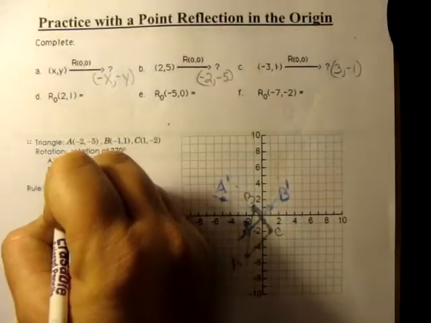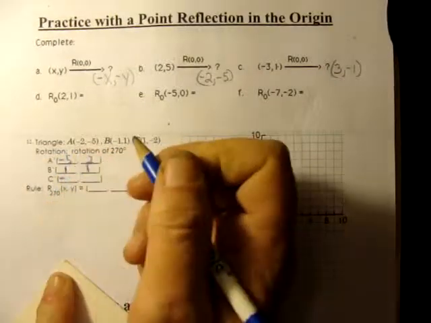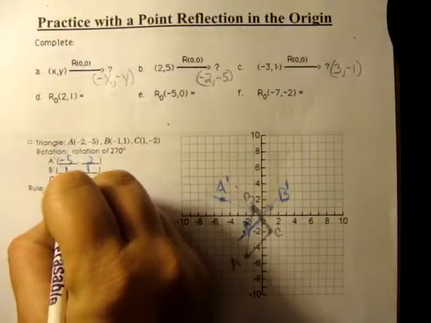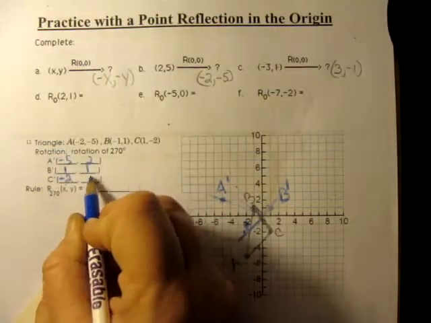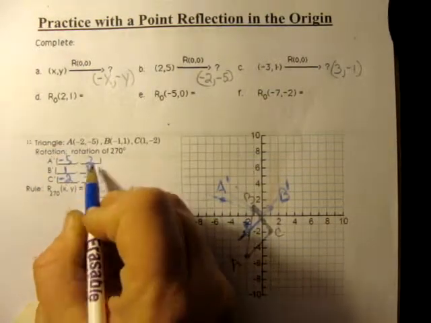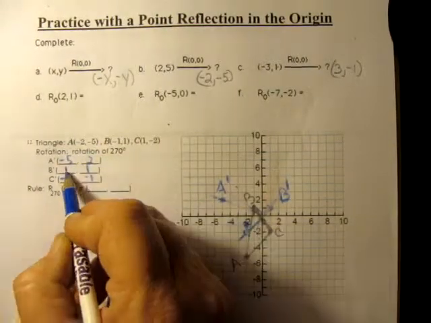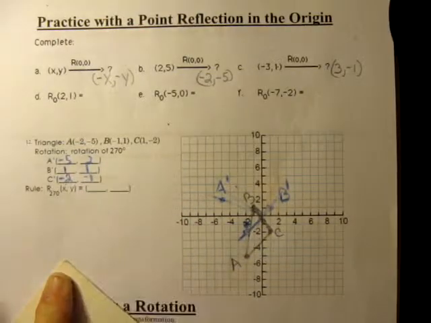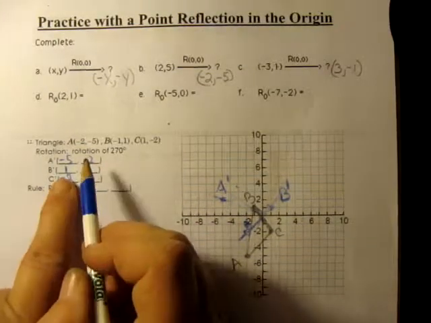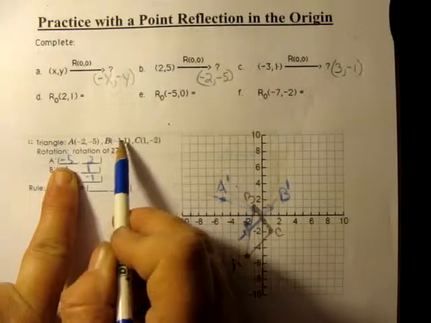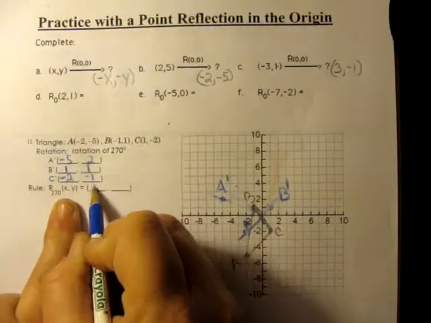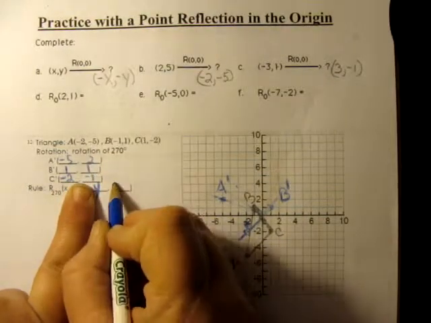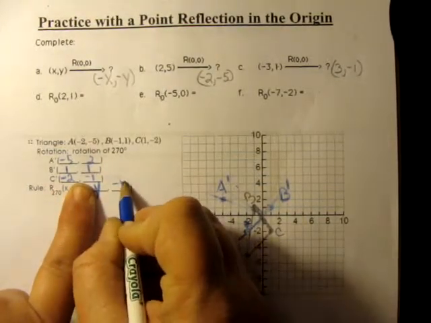So we're going to have (-2, -1). And what happened? Our Y became the X spot, and our X became opposite and went into the Y spot.